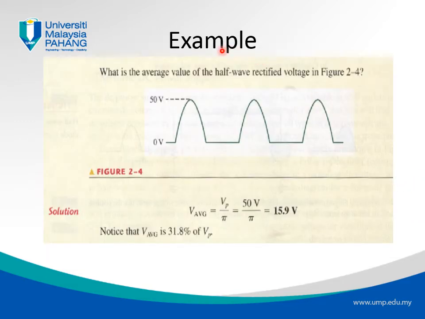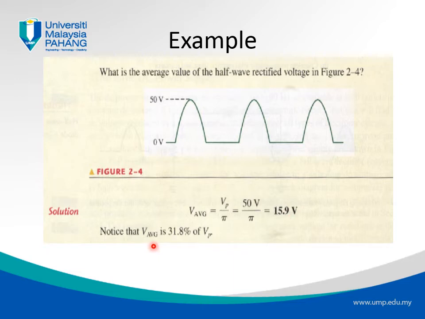Here we have an example of the calculation of an average voltage as a 50 volt sinusoidal signal goes through a rectifier. The average voltage is Vp divided by pi. So the 50 volt input signal divided by pi becomes 15.9 volts.